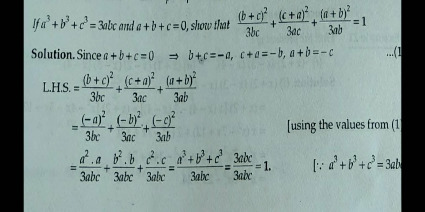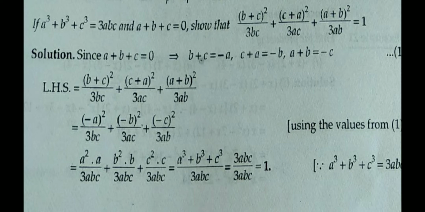So the LCM is 3abc. On the top we get a square into a is a cube, plus b cube plus c cube, equal to 3abc by 3abc.